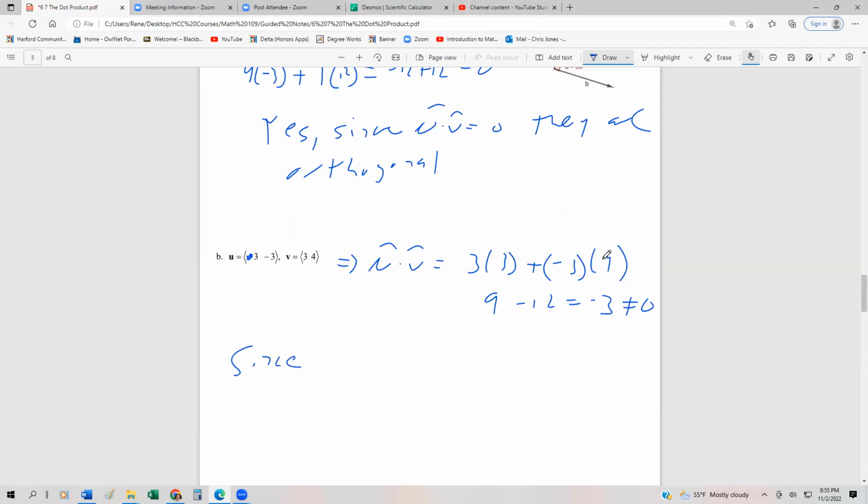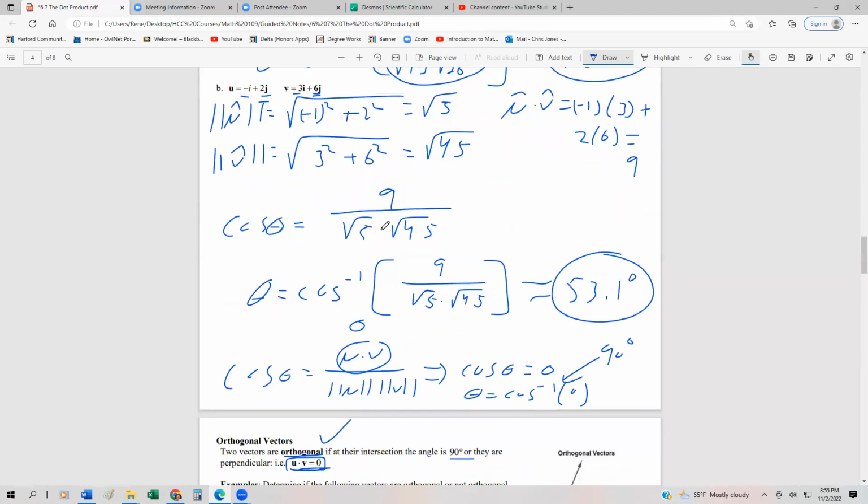So we would say, since u dot v is not equal to 0, u and v are not orthogonal. Now, we can still find the angle between them, but that angle would not be 90 degrees.